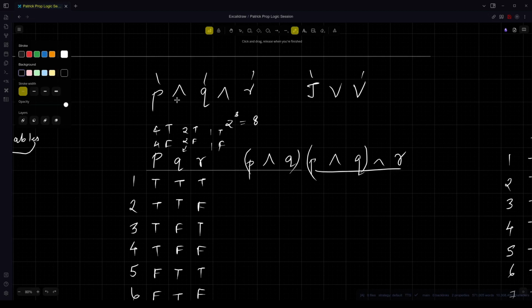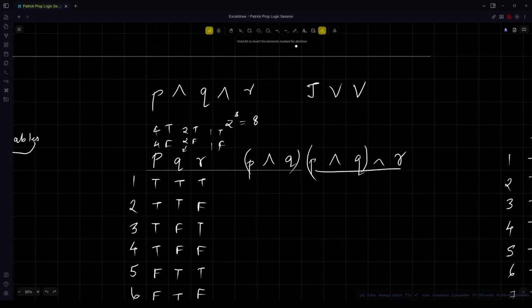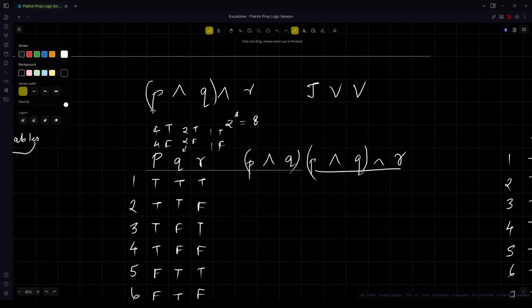But if you have a more compound proposition, a mixture of biconditional, conditional, conjunction, disjunction, then you need to be careful. Here, because it's just three propositions connected with conjunctions, you can add a bracket like this, or like this, and it doesn't matter. Both of them are the same thing.